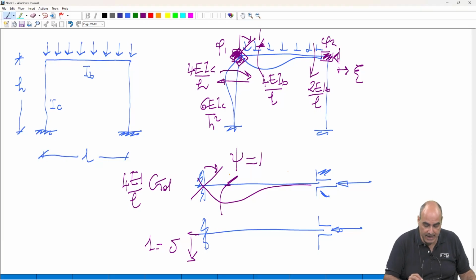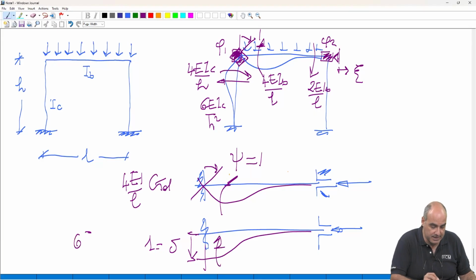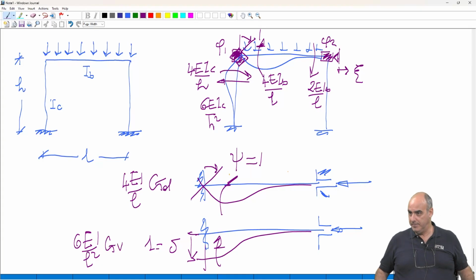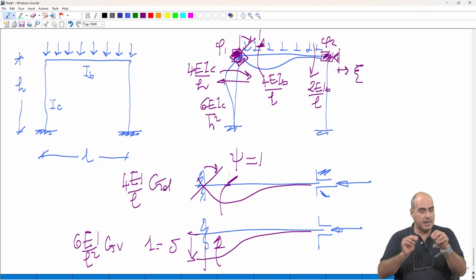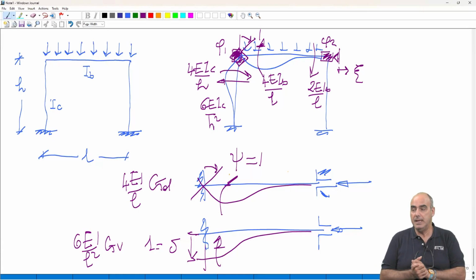And in this case, there is a moment here which is 6EJ over L squared times another function that we call GV. As I said, there is a textbook whose chapter I can share. But this you can do by hand. It's exactly as we have done before, and you have the small g, GD, G direct. All the ingredients are there.